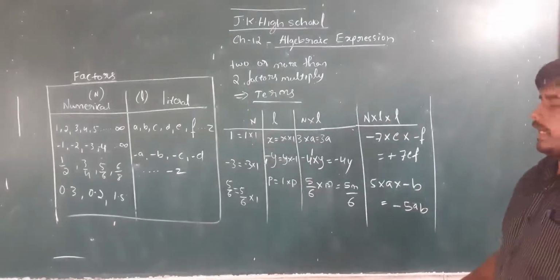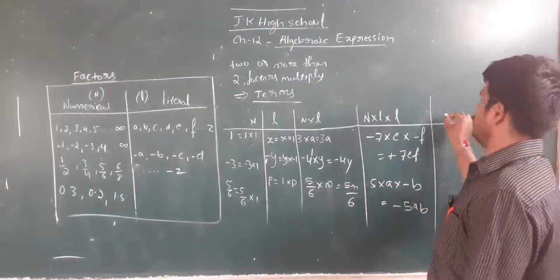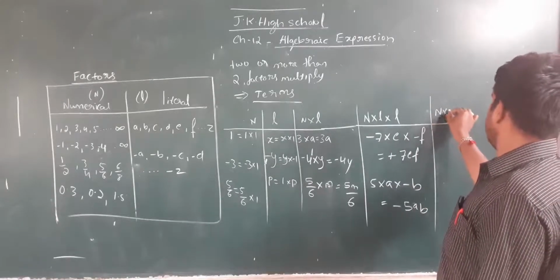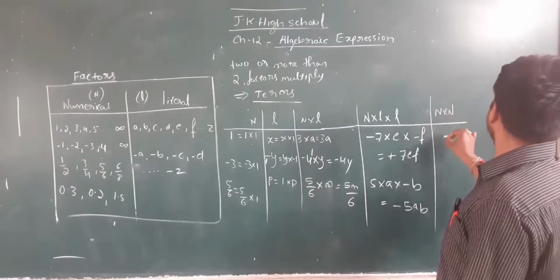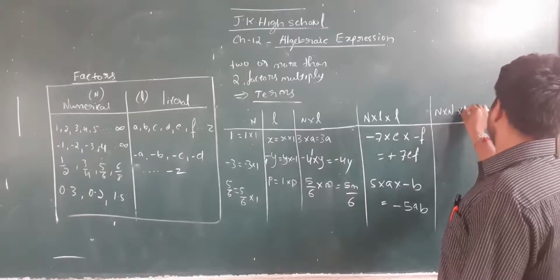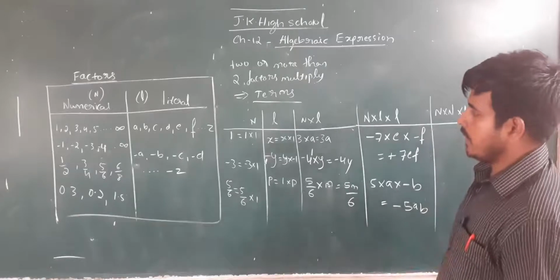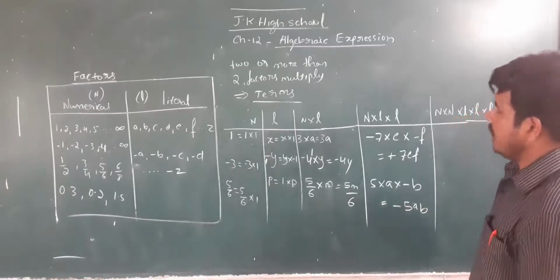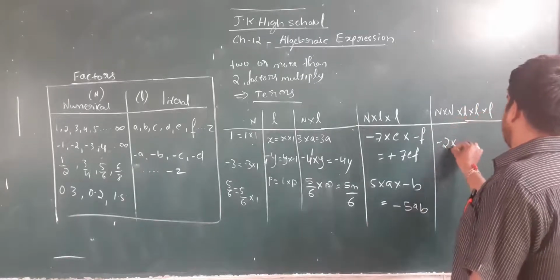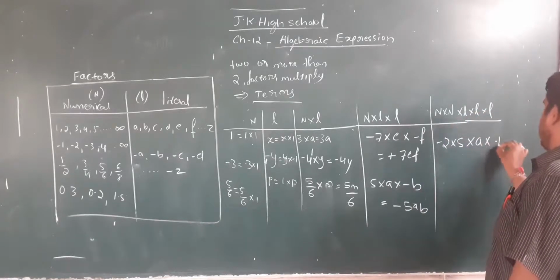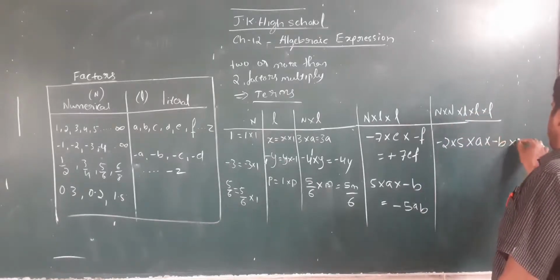One number and three letters, or two numbers and three letters. Let's say two numbers and three letters. Take -2 into 5 into a into -b into x.